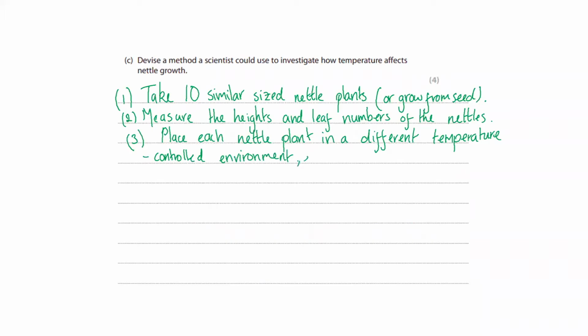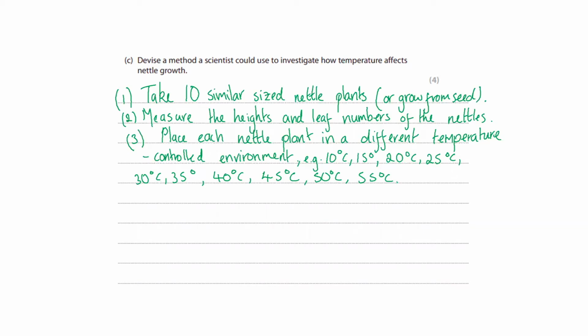So e.g. 10 degrees, 15 degrees, 20, up in 5s. Any sensible amount will be fine. Right, 30, 35. 1, 2, 3, 4, 5, 6, 7, 8, 9, 10. Okay, so it could be different temperatures. It could be finer than this, okay?